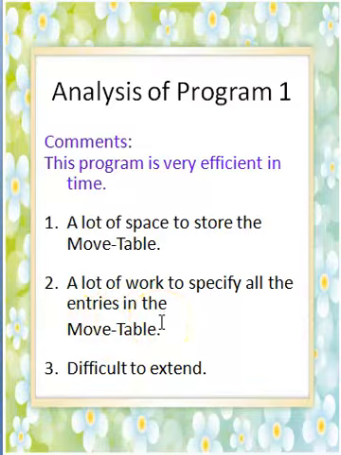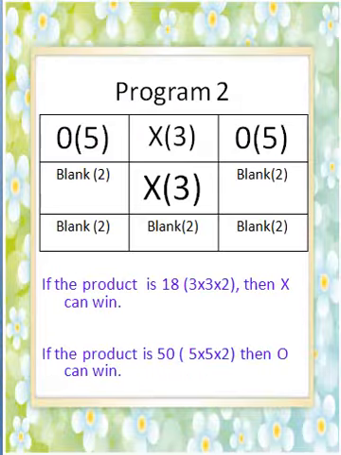A lot of manual labor is required, and it is difficult to extend to a 9 by 9 game or any other format of the game following the same rules. So this particular program, can you think whether it is AI? While you are carrying on thinking about this, let us look at program 2.